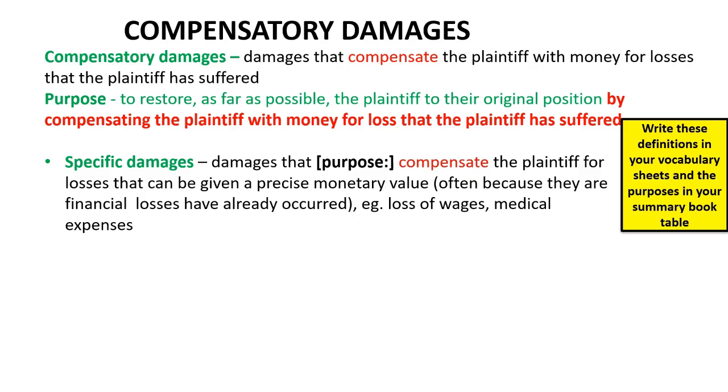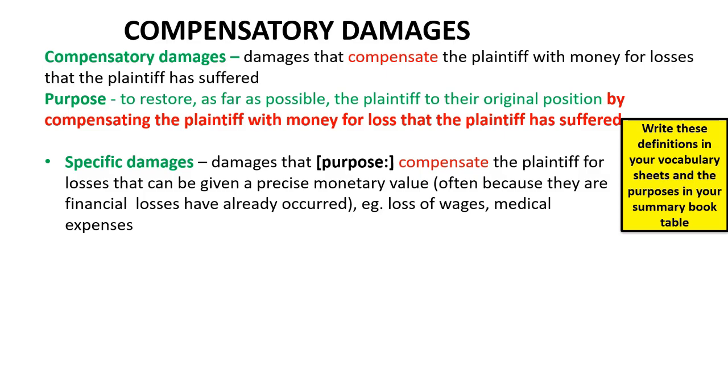This loss can be given a precise monetary value because we know what the plaintiff would have been paid if the defendant's negligence hadn't prevented the plaintiff from working his shifts. Similarly, the plaintiff will have had to pay a doctor to examine and look after his legs. Again, this loss can be given a precise monetary value because the plaintiff will have received a bill from the doctor. A word of warning, you must be very careful with your language.